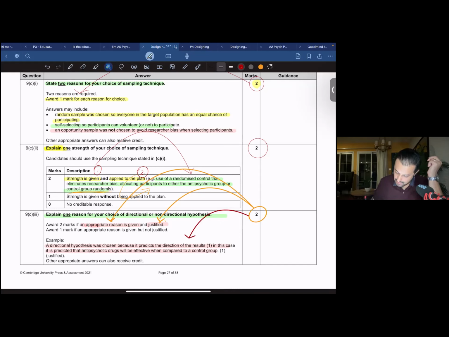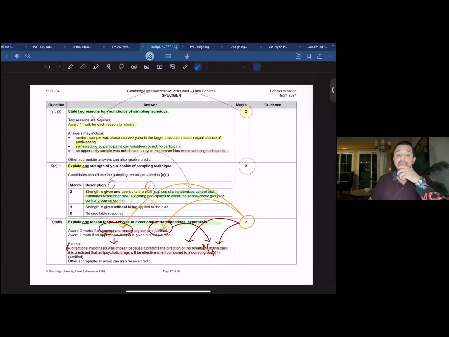From here to here, this is you providing an appropriate reason. However, from here onwards to this part, this is where you're justifying. The examiner has mentioned it too.